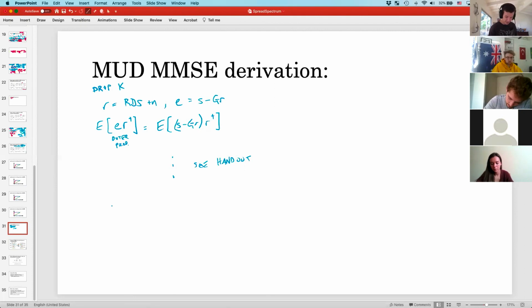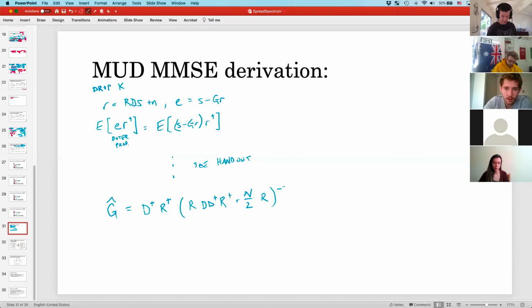But at the end of the day, we are going to end up with the optimal matrix as the D matrix conjugate transpose times the R matrix conjugate transpose times the R matrix times the D matrix times the D matrix conjugate transpose times the R matrix conjugate transpose plus the noise power times the R matrix, all of that inverted.